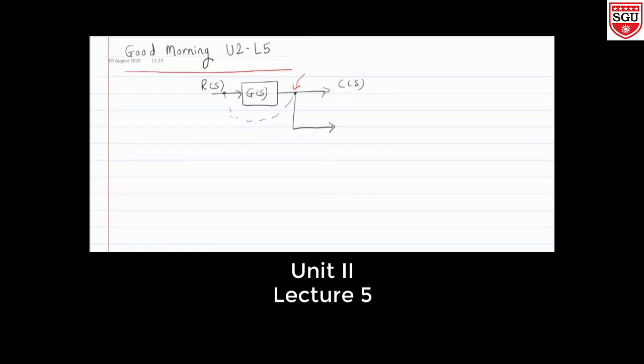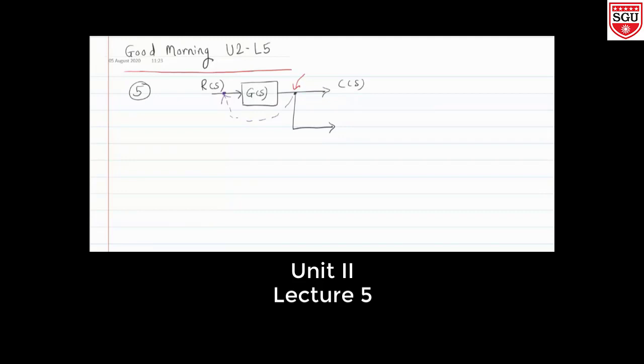So what was the answer? I am transferring that takeoff point as shown in the diagram. So what was the rule? Moving takeoff point backward, that is rule number 5. Perfect.